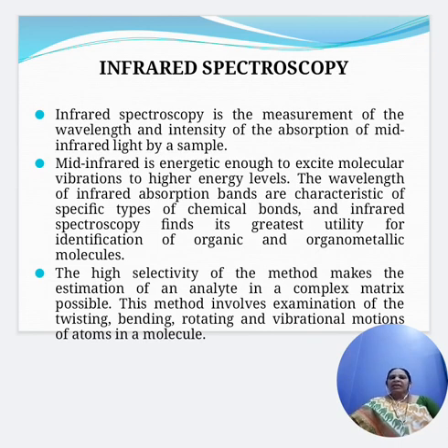The high selectivity of the method makes the estimation of an analyte in a complex matrix possible. This method involves examination of twisting, bending, rotating and vibrational motions of atoms in a molecule.